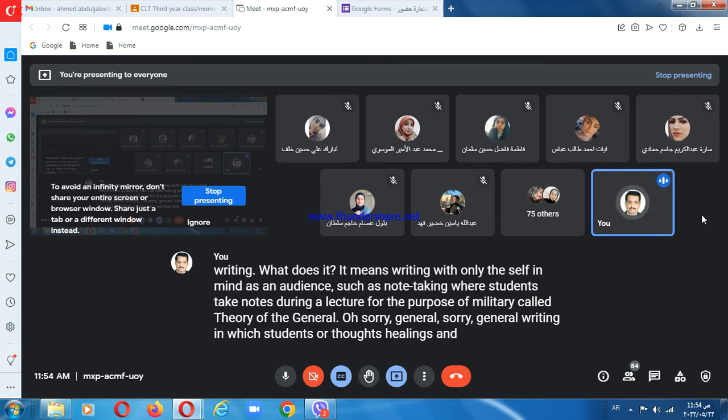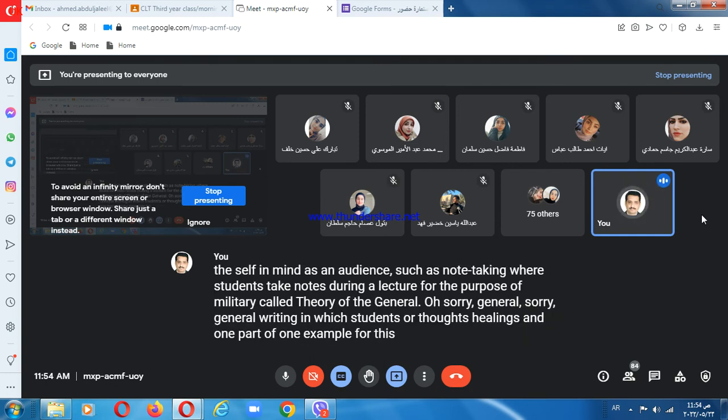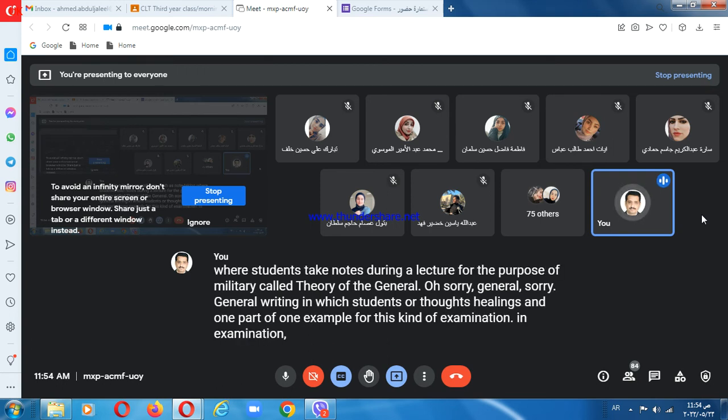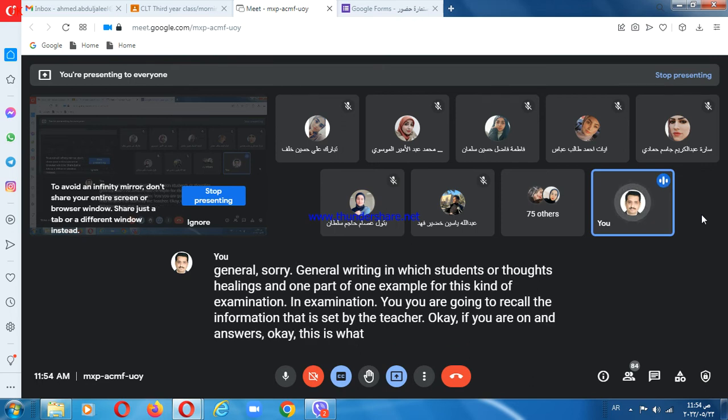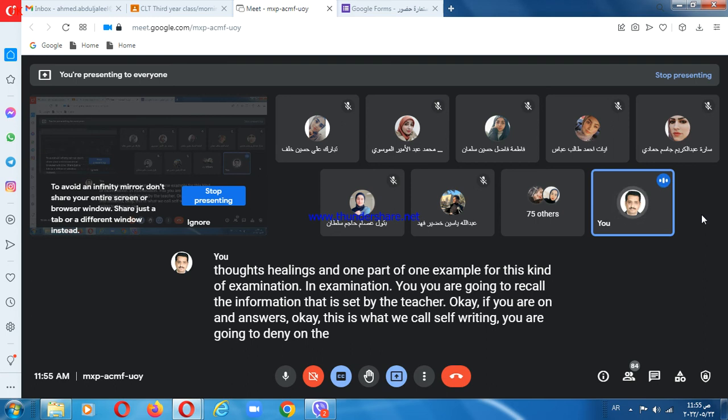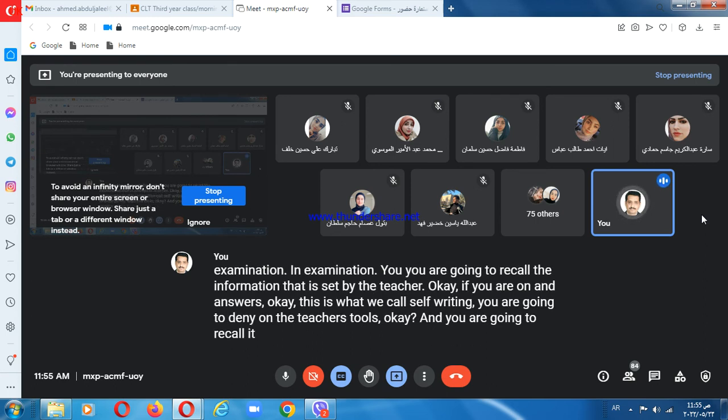One example of this kind of self-writing is examination. In examination, you are going to recall the information that is said by the teacher through your own answers. This is what we call self-writing. You are going to rely on the teacher's thoughts, recall them and rewrite them in your own way.